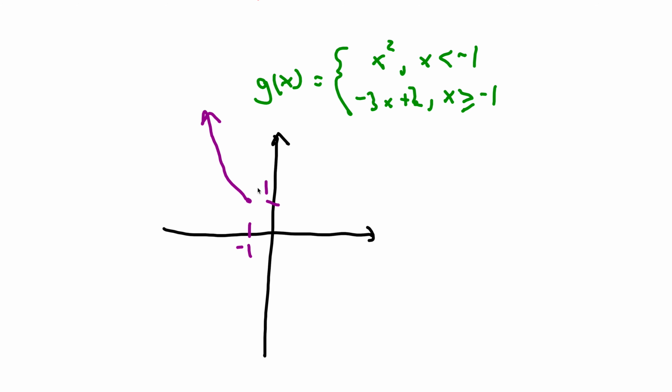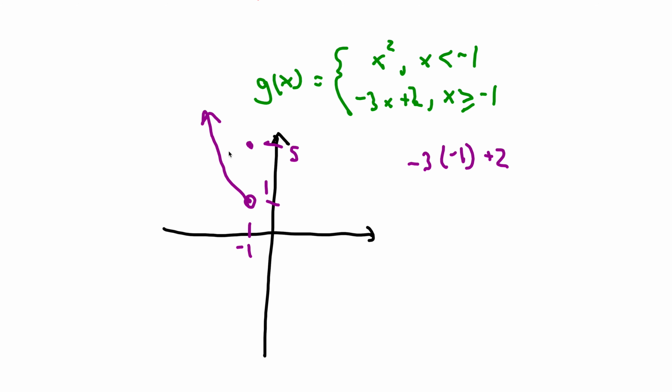Now it says strictly less than. So is it actually that at that point? The answer is no. So we'd actually use an open circle to define that, meaning it's not that. Then -3x plus 2. Well, we have to do the same thing. We're going to have to figure out what -3x plus 2 is at that point. It's our point of interest. So that would be 3 plus 2, or 5. So that means way up here, the graph is not to scale, this thing is going to be -3x plus 2, which means it's equal, so it's actually going to take on that value.